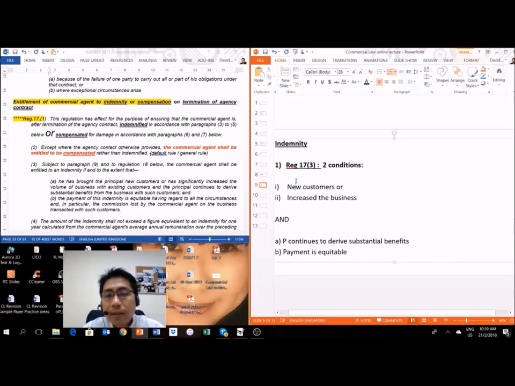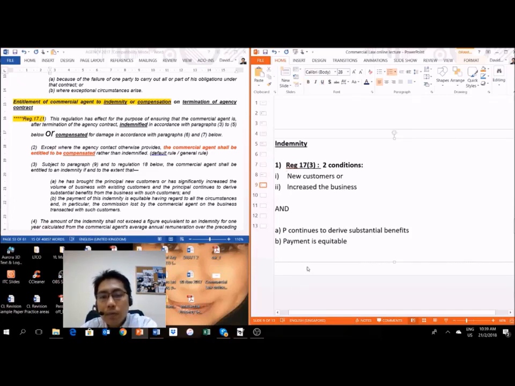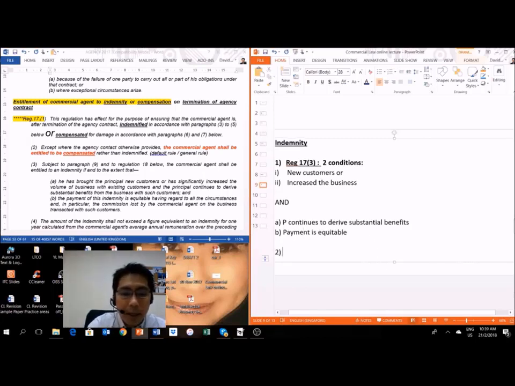Now there is this other so-called cap, which I want to discuss with you. I'll put it here as point 2, and this is Regulation 17 subsection 4 that talks about the cap or the limit insofar as the amount is concerned.